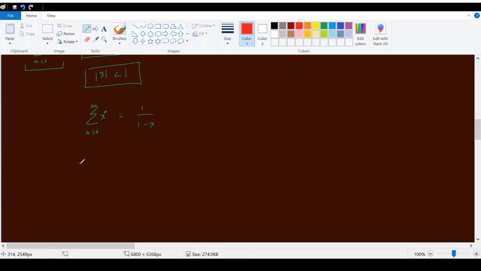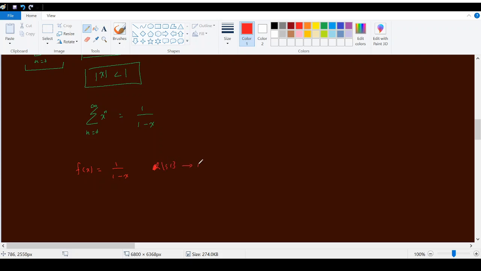Now if we name a function, or if we define a function as 1 divided by 1 minus x, you can see that this is a function on the set of real numbers except 1, right?